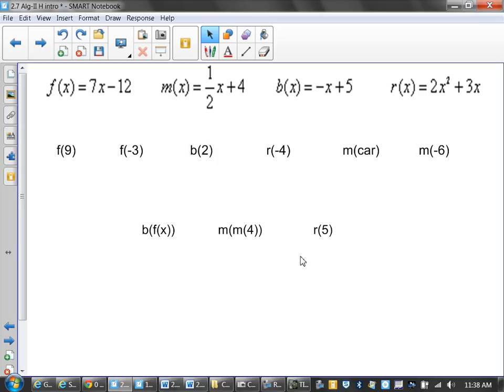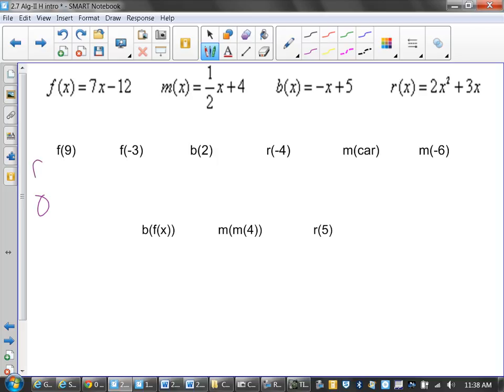Now, some of you guys have worried faces. Don't worry. All this tells me is to go here. f of 9. Which equation do you think I need to use to solve f of 9? The f equation. That letter tells you what equation to look at. It says, look at the f equation. Now, that means everywhere I see an x, I put a 9.